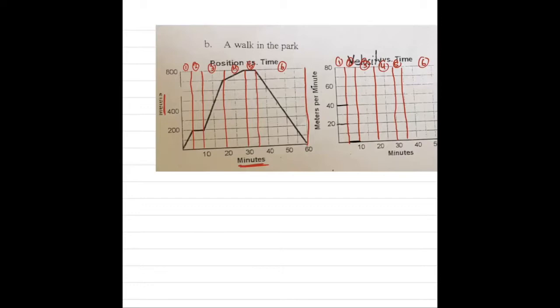Block 3, we'll do a similar analysis. The rise over the run. The rise is from 200 to this here, 650. So we'll take the difference, and that will give us 450. Because this point right here is 650. Of course, that's meters.